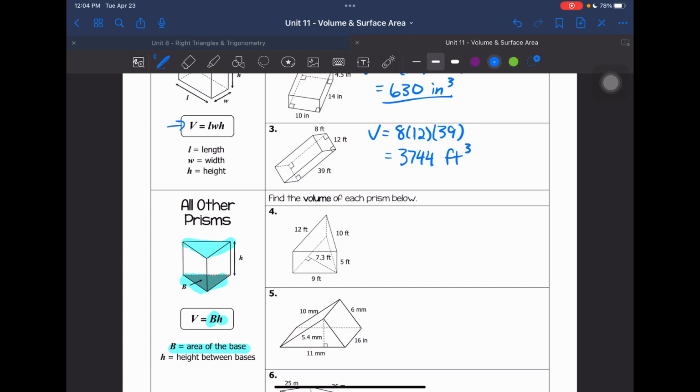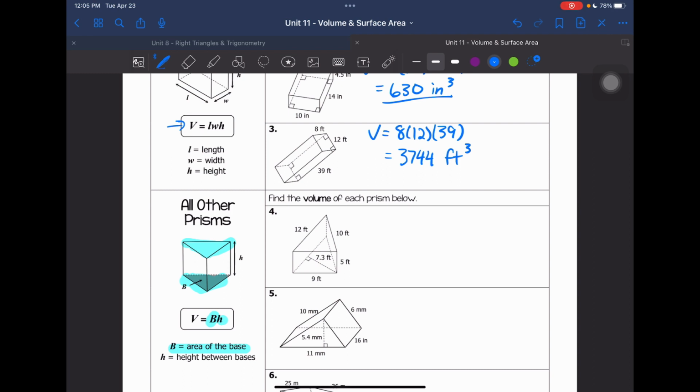We need to find the area of that triangle, and then multiply that times the height of the prism. If you have a trapezoidal prism, you would highlight the two trapezoids and calculate the area of one of those trapezoids and plug that in for capital B. That would be the area of the base.